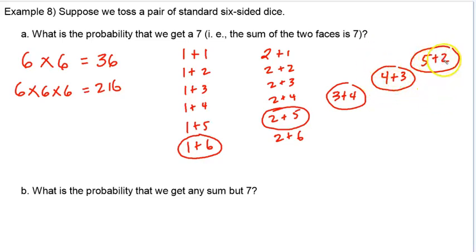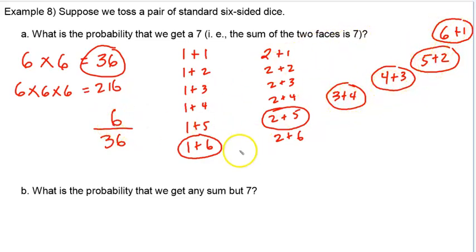And then finally, if we change it to 6, we would have that 1. So I didn't list all of these out, but hopefully you can see that every time I change one of these by 1, I get another possibility of getting 7. Okay, so out of the 36 total possible equally likely outcomes, there's 1, 2, 3, 4, 5, 6 different ways of coming up with the sum of 7. And so we would reduce, and then if you did want to do percent form, it would be about 17%.